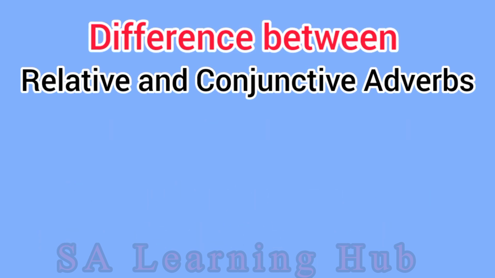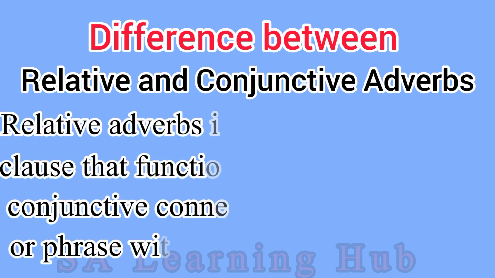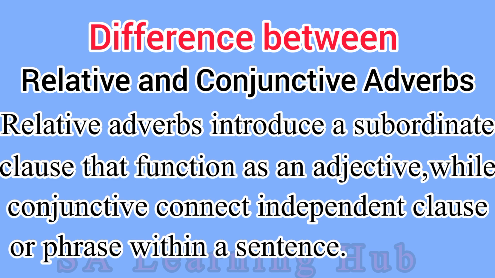But one thing I want to mention, which is most important, is that relative adverbs and conjunctive adverbs are two different things. Most people confuse them and mix them together. Relative adverbs and conjunctive adverbs are both types of adverbs, but they serve different functions in a sentence. Relative adverbs introduce a subordinate clause that functions as an adjective in a sentence.